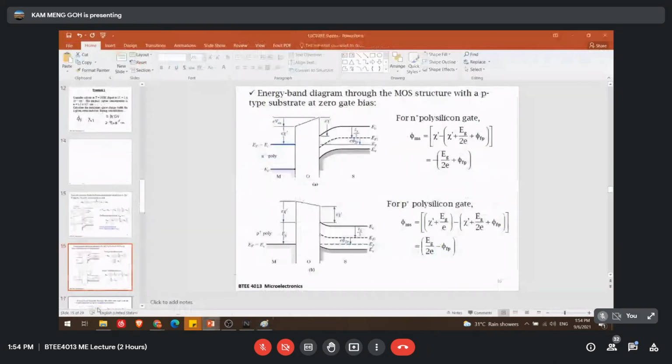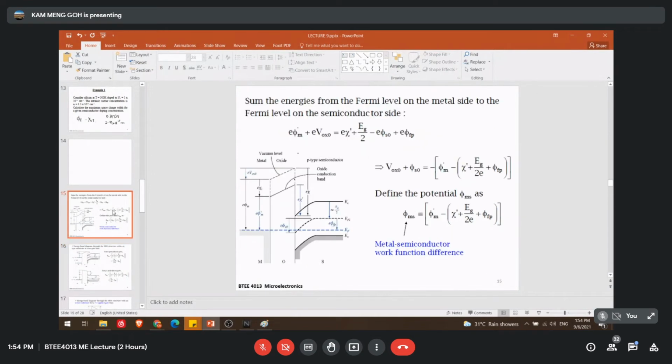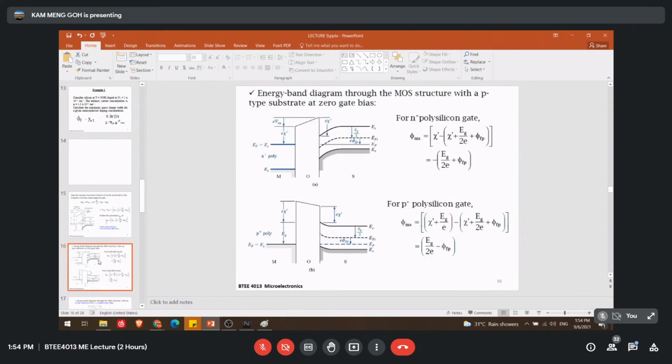But how are we going to use this? Same thing also, if we connect to the N type or the P type, it will have a different response.